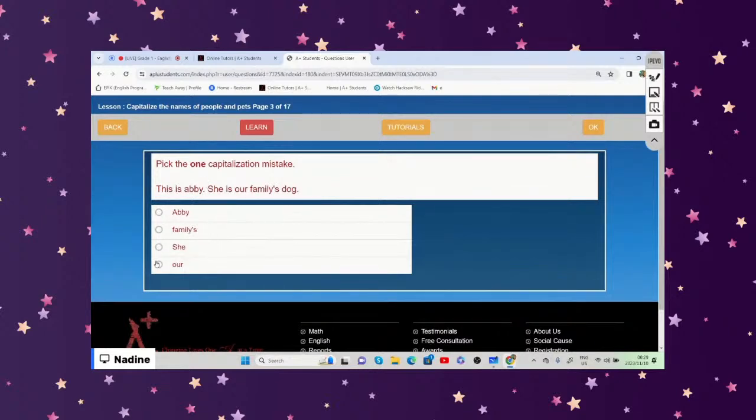And this is Abby. She is our family's dog. So this is Abby. She's our family's dog. Is it Abby, the first one? Family's, she, or our? What is a capitalization mistake within the sentence?